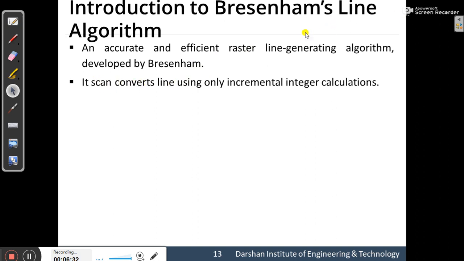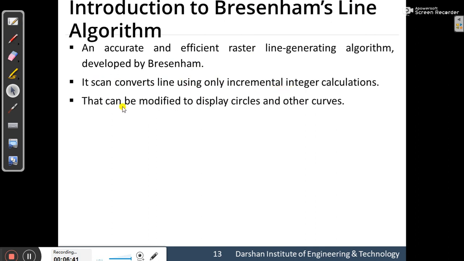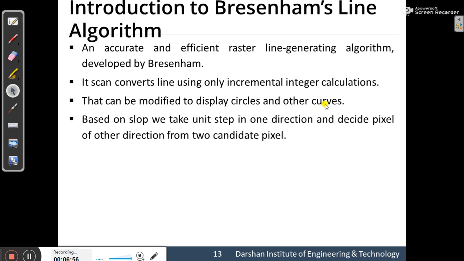This one is also a scan conversion algorithm like the DDA, using only incremental integer calculation, that can be modified to display circles or curves also. Though this algorithm is applied for line drawing, you can modify it for circles and curves also.